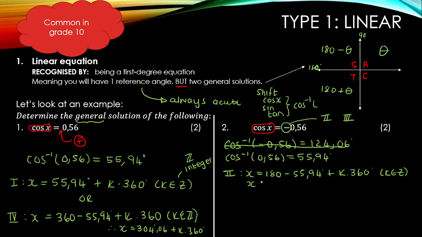Let's just work that out. 180 minus 55,94 is 124,06, plus k times 360.